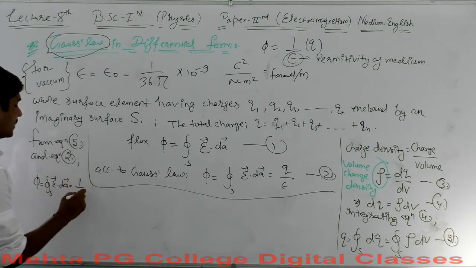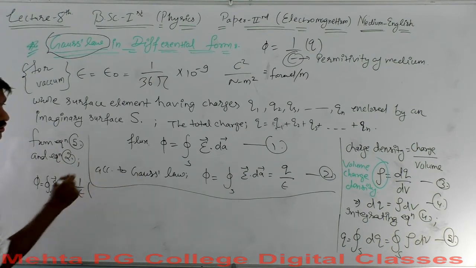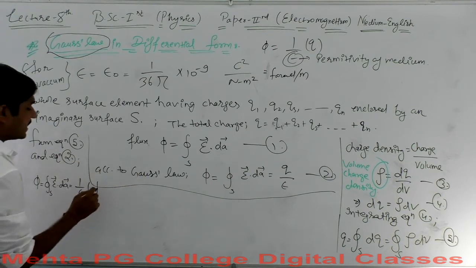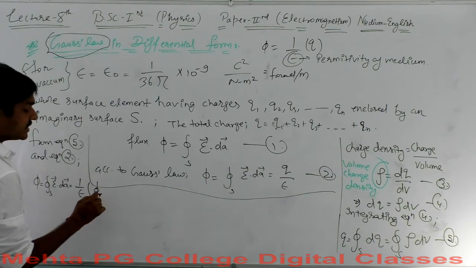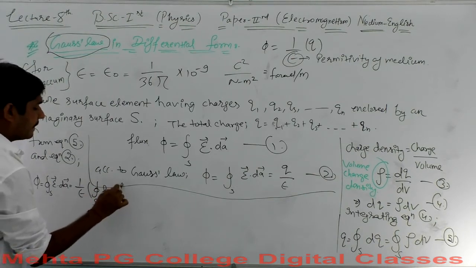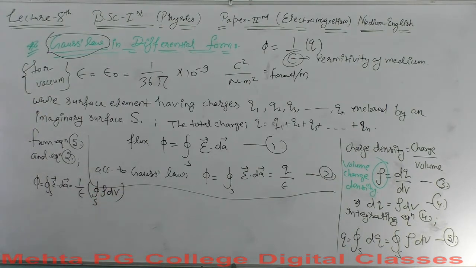So we have 1 over epsilon and the value of q from equation 5, which is the integration over closed surface of rho dv. Yes, we have used equation 5 here, and this will become equation 6.